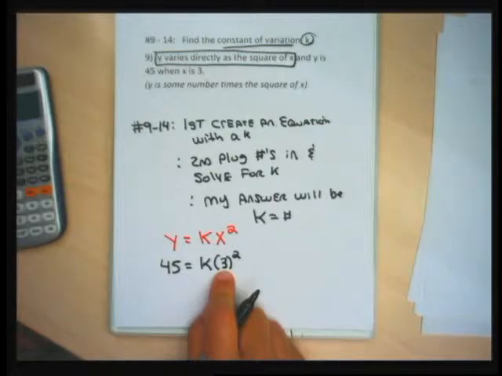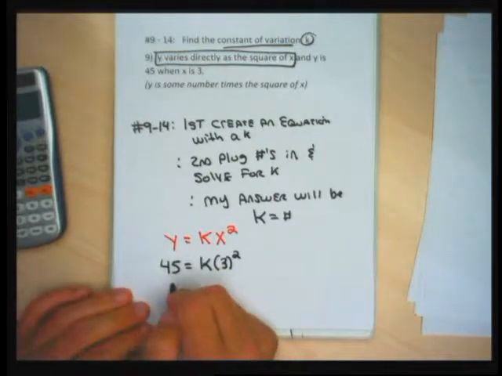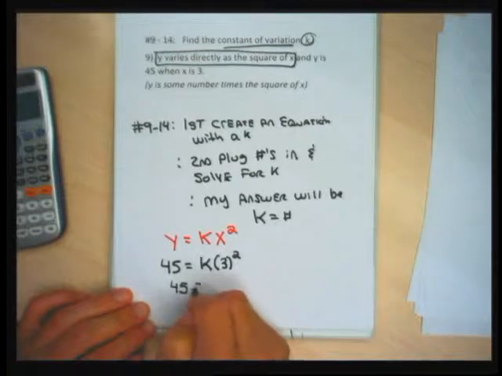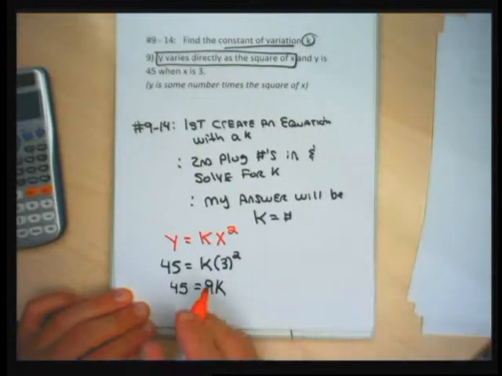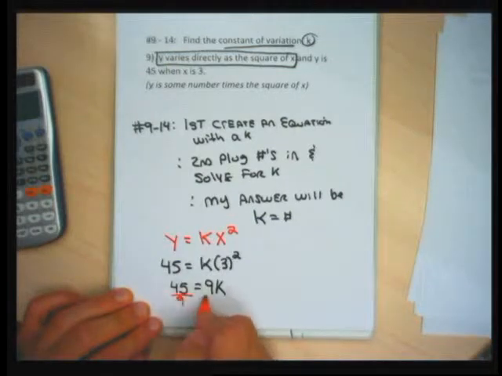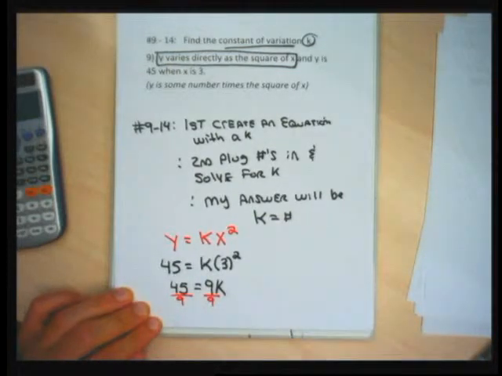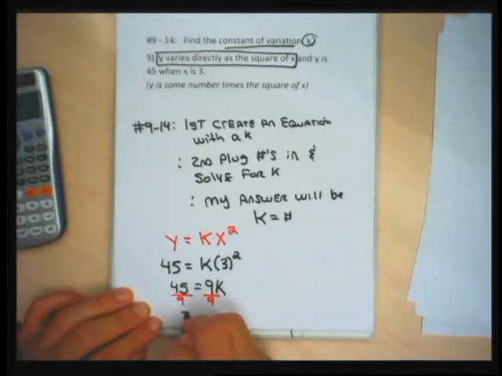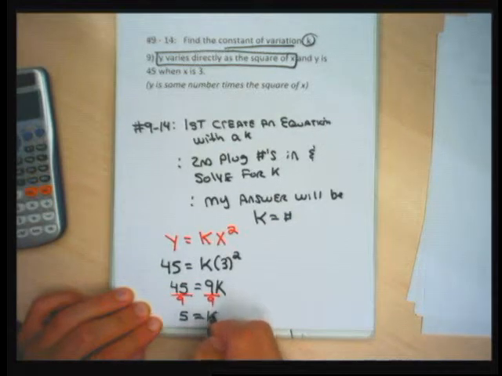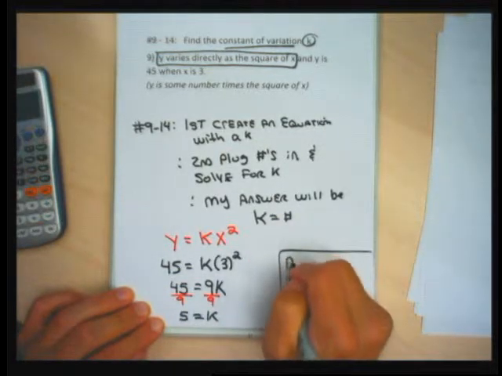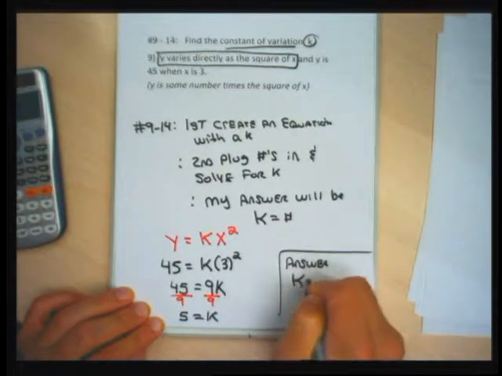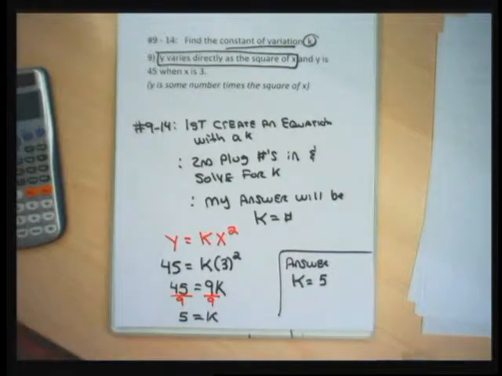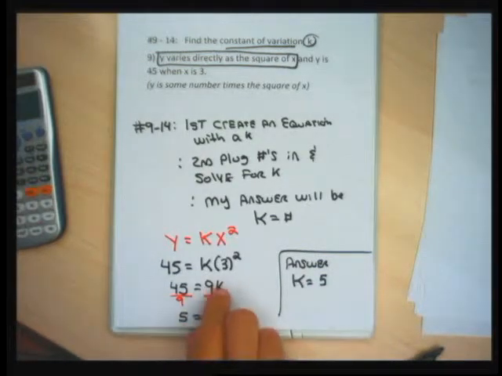And it looks weird to have that 9 after the K, so I'm going to write it before the K. And now I'm going to divide both sides by 9. And then 45 divided by 9, I don't need my calculator for. I get 5 equal to K. So my answer is going to be K equals 5. 10 is going to work exactly the same way.